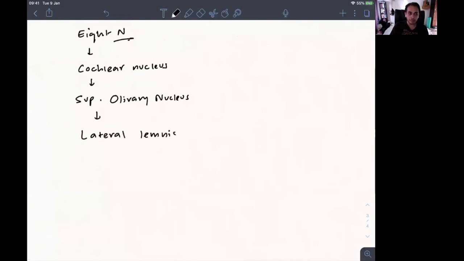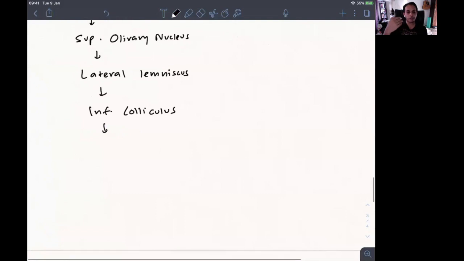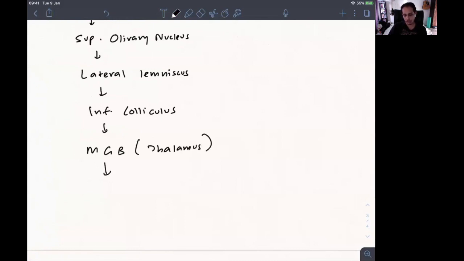This lateral lemniscus will lead to the inferior colliculus. I will tell you the importance of this in a minute. From the inferior colliculus, it will go to the medial geniculate body of the thalamus. And from the thalamus, it will go to the temporal cortex.